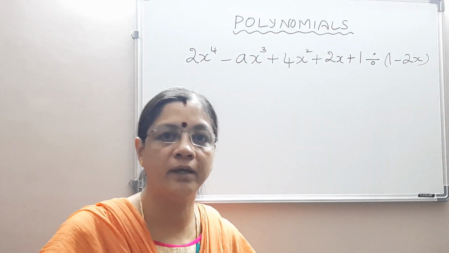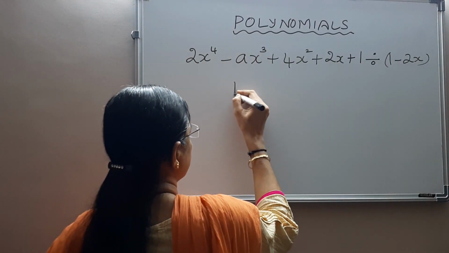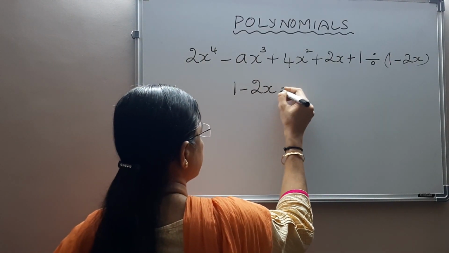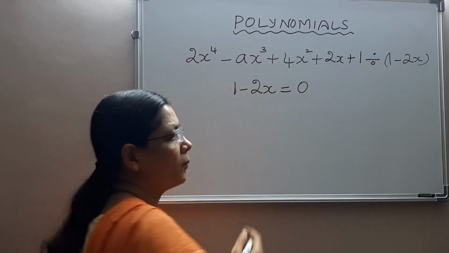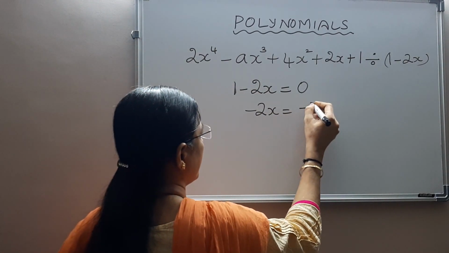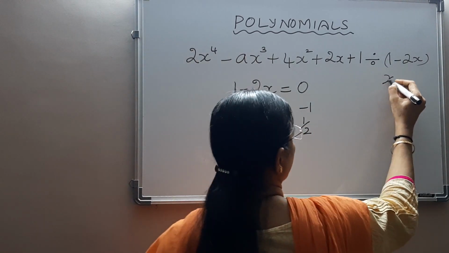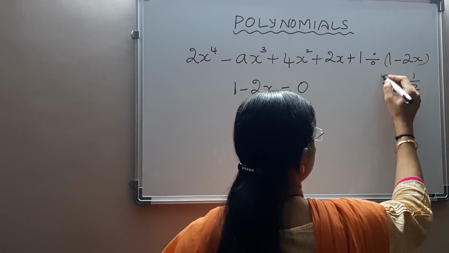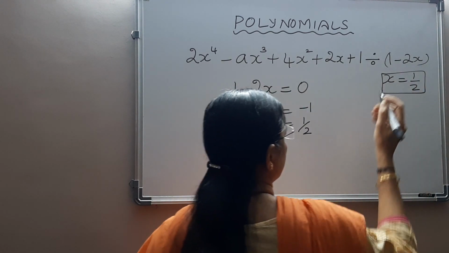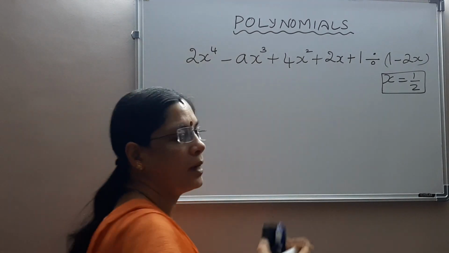Okay, now it is already given it is divisible. Now we need to find the value of x, that is 1 minus 2x, we equate it to 0. So from this, minus 2x is equal to minus 1, or x is equal to 1 by 2. So x is equal to 1 by 2 is the root, since it is divisible by the linear polynomial 1 minus 2x.